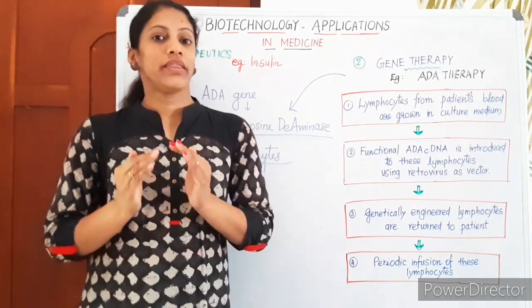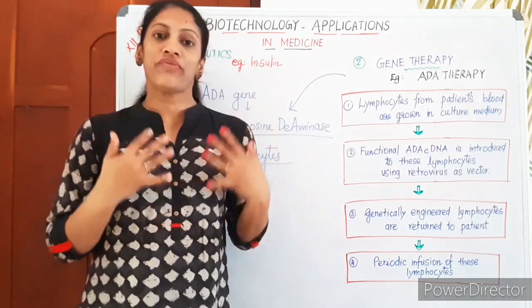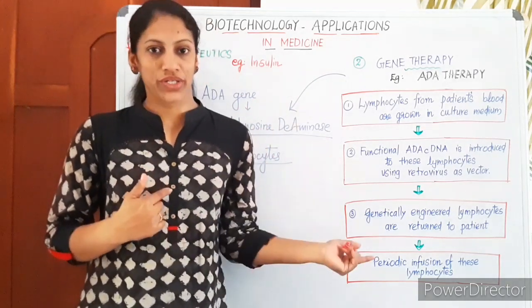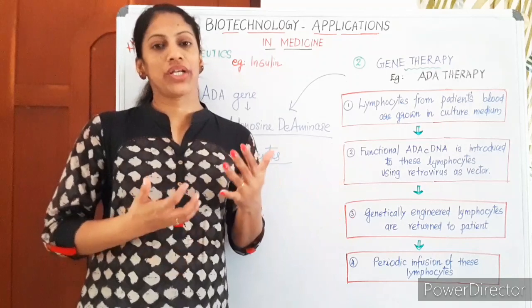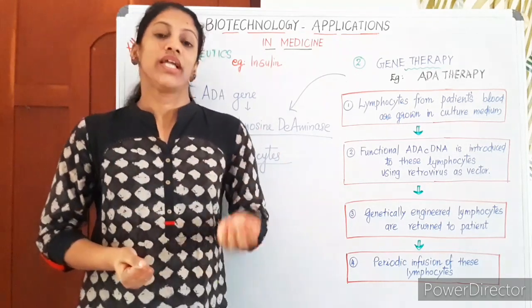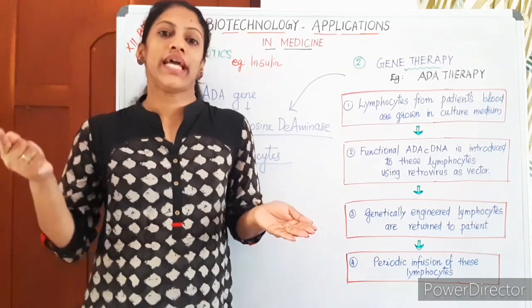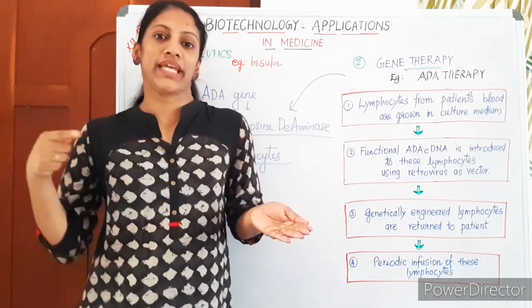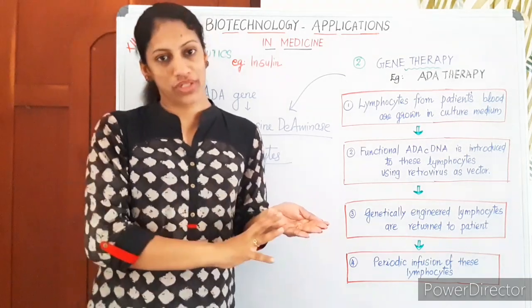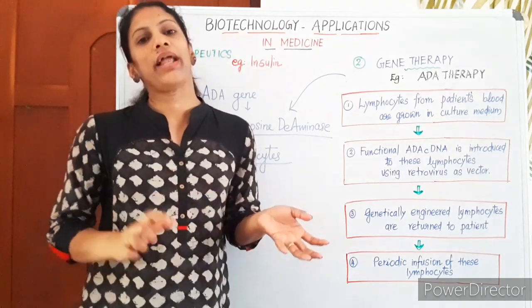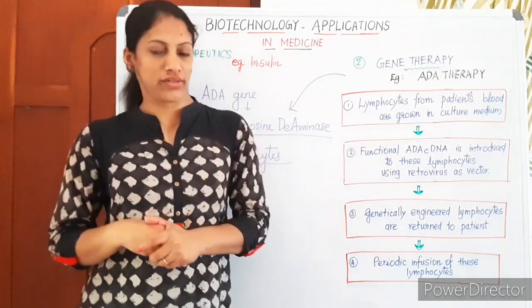First, lymphocytes were taken from the patient's blood and cultured in large number. Then they were treated with the functional ADA gene, that is, ADA cDNA introduced with the help of retroviral vectors.